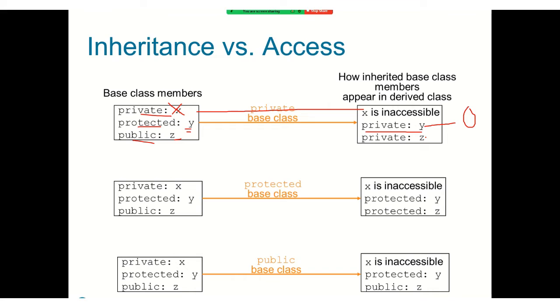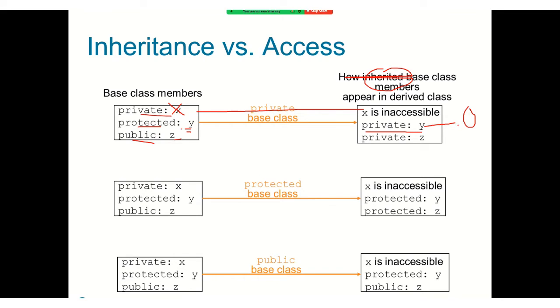So basically, the private members are never accessible from anywhere. Only protected members can be accessed by the inherited class. But if someone instantiates the inherited class, these protected variables that the inherited classes inherit from the base class become private to the outside object.